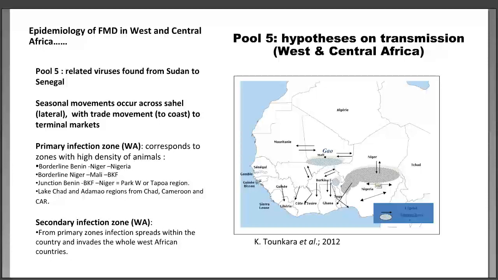As I said earlier, about pool 5, you could talk about the epidemiology, but that is just a hypothesis of how these viruses are transmitted across the region.